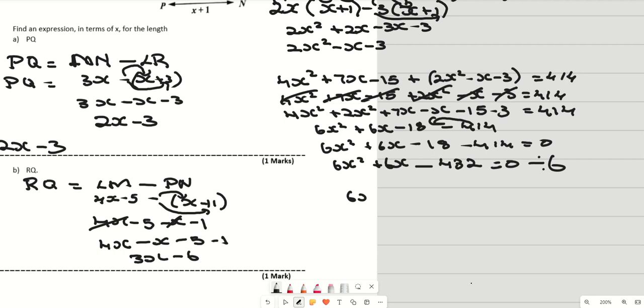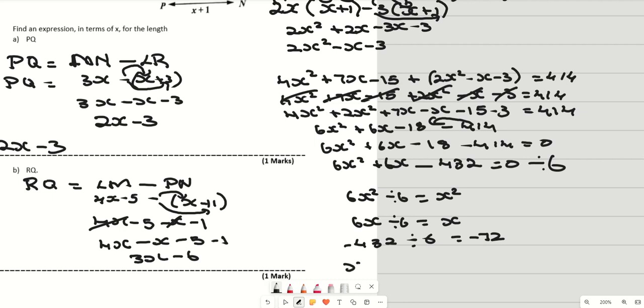So 6x squared divided by 6 is x squared. 6x divided by 6 is x. 432 divided by 6 is negative 72. So now this will become x squared plus x minus 72 is equal to 0.